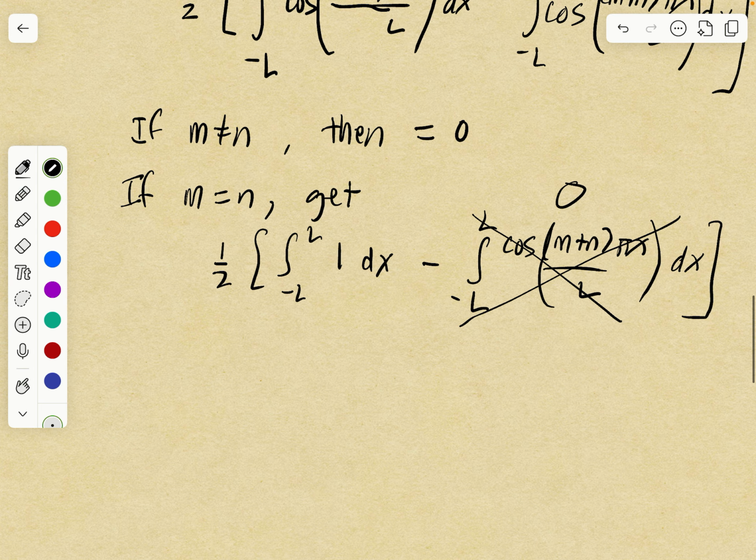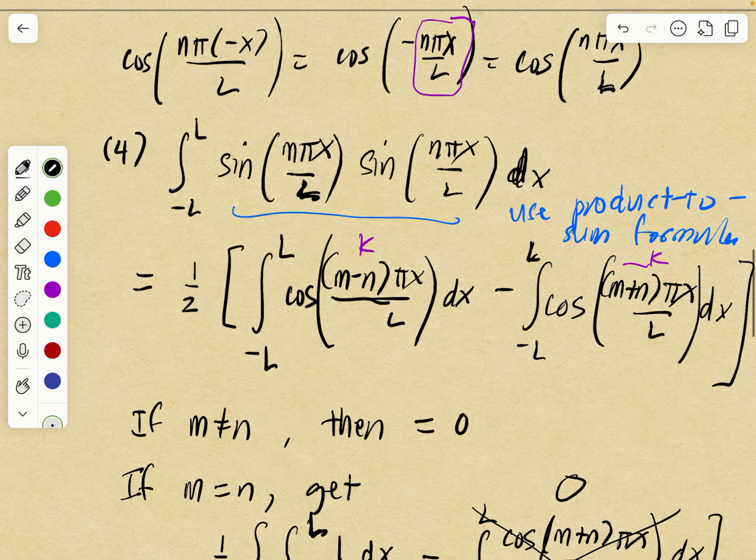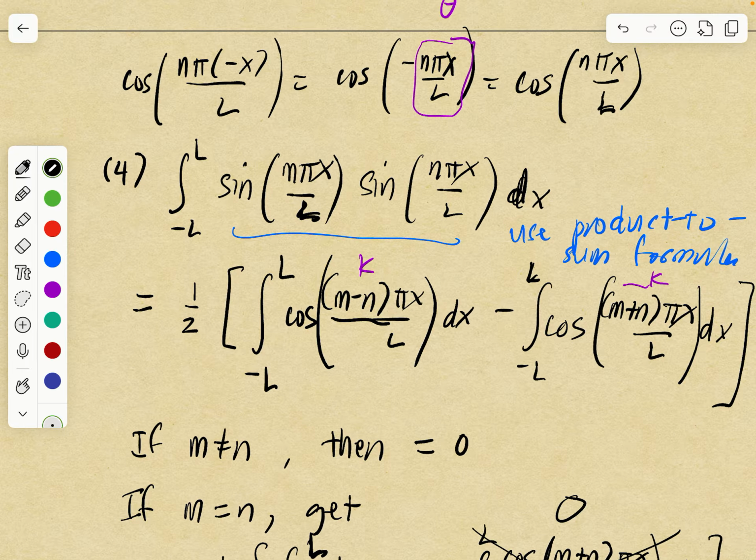So we just get 1/2 times the integral of 1, which is 1/2 times 2L, and that's just equal to L. So this integral is equal to 0 if m is not equal to n, and L if m equals n.